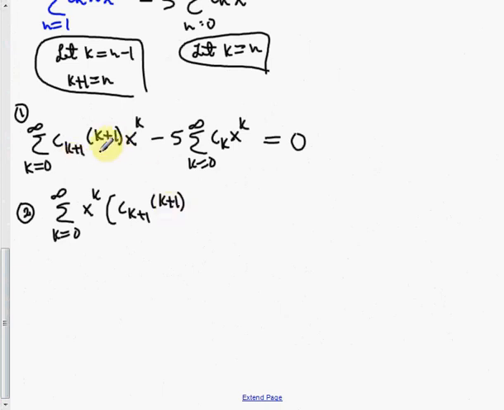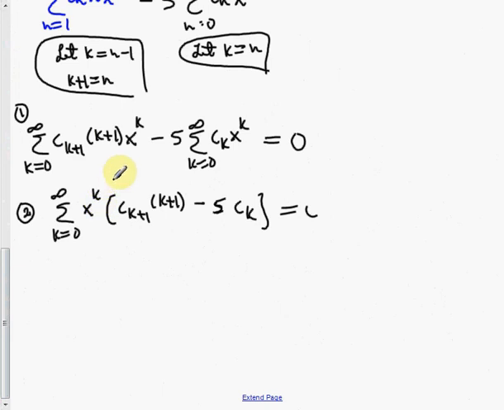So here, this was c sub k plus 1 times k plus 1. I factored out that x to the k. This is minus 5 times c sub k. Close that up. That's equal to 0. So this was step 3.